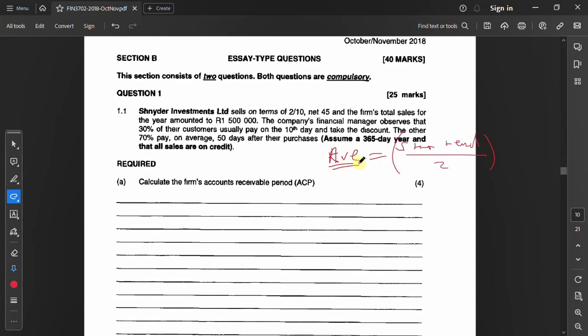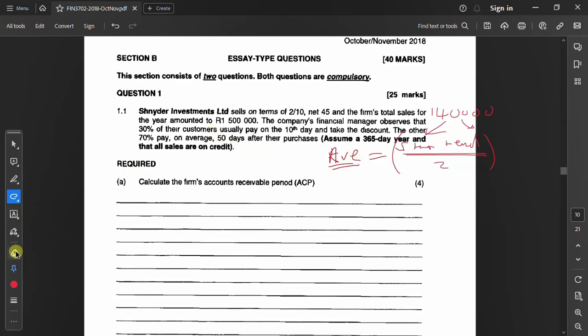Let's go back and see. Because it's begin and end, because it's the average, the other 70% pay on average. When you get an average, it will always be start plus end divided by 2.